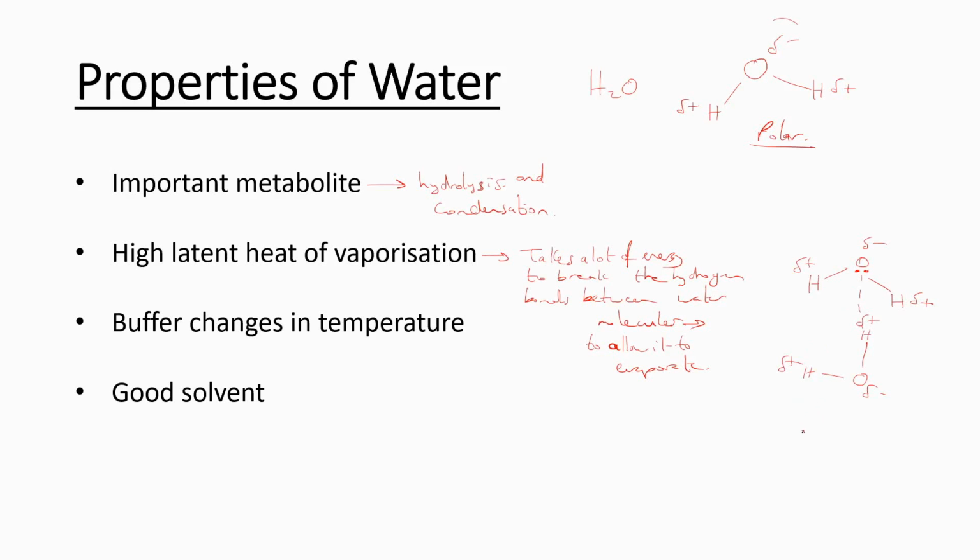And this is in liquid form. In gaseous form, water molecules do not interact with each other. To turn liquid water into a gas, we need to break these hydrogen bonds. Because of this high latent heat of vaporization, when water evaporates from sweat on the surface of the skin, it absorbs a lot of heat, cooling the body.